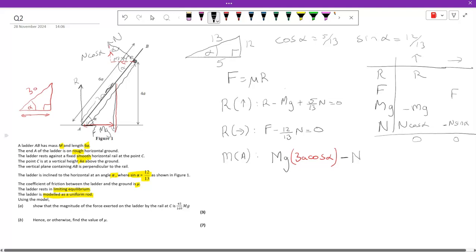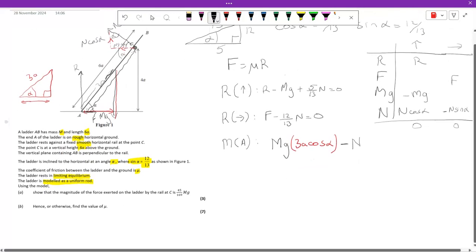Unfortunately, we don't know that length, so let's draw another triangle. This time this length is unknown, but we know the vertical length is 4a, and again we know this alpha. So sine alpha, using the opposite and the hypotenuse, is 4a over the hypotenuse h, which is what I'm trying to work out.